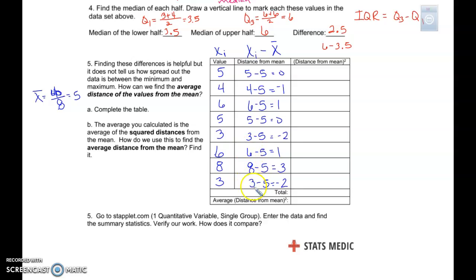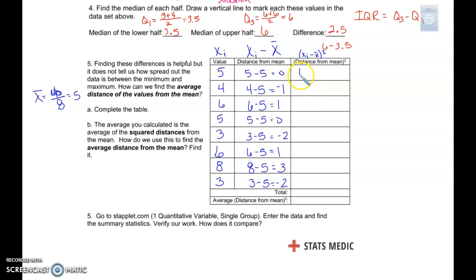So what you're doing right here is figuring out how far away from that mean these data values are. This one is a distance of 0. Well, this one's technically -1. However, distance can't be negative, so that's why we square it. Here, you would take this notation, X sub I minus X bar, which is what you just did, and square those values.